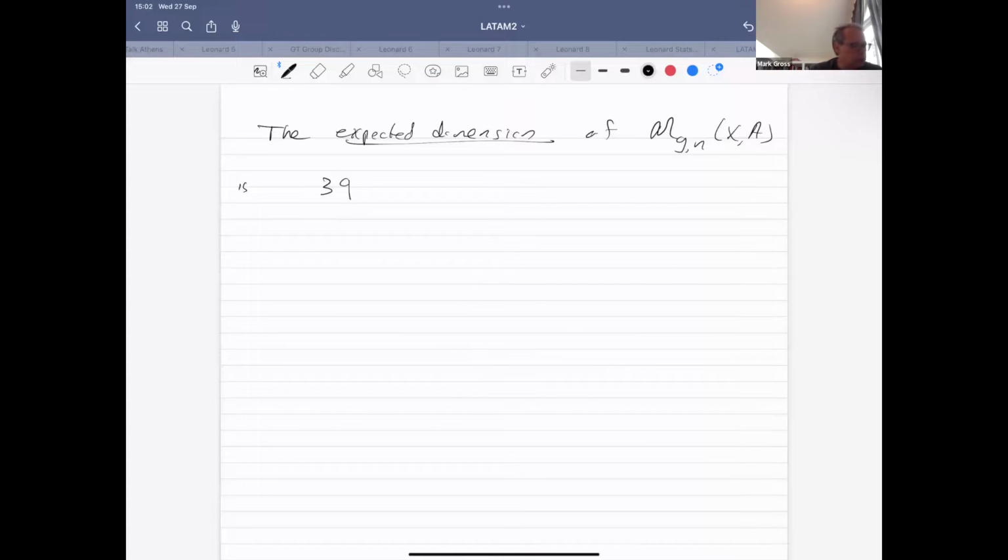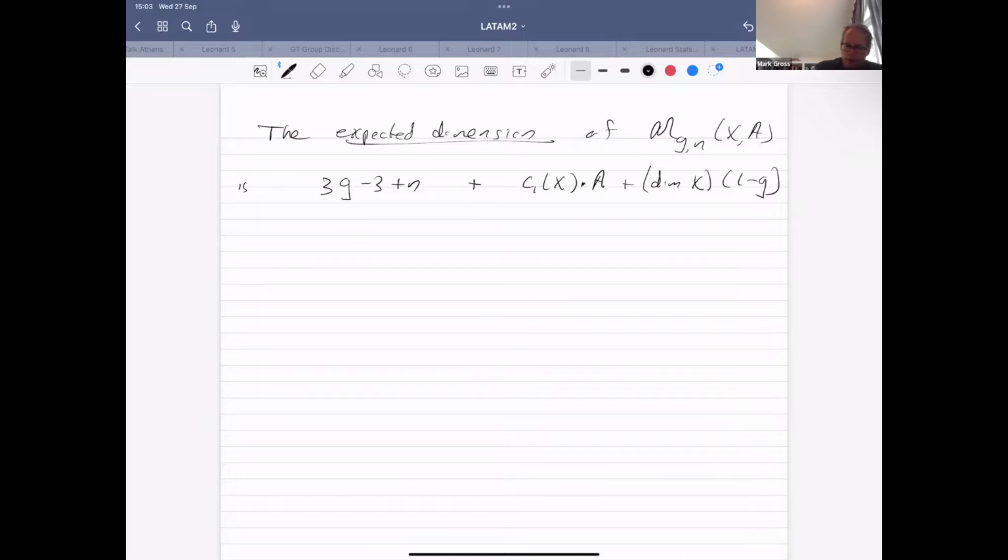It's 3g minus 3 plus n, 3 times the genus minus 3 plus the number of marked points, plus c_1(X), the first Chern class of X, dot the curve class A, plus the dimension of X times 1 minus g. Again, g is the genus of the curve.